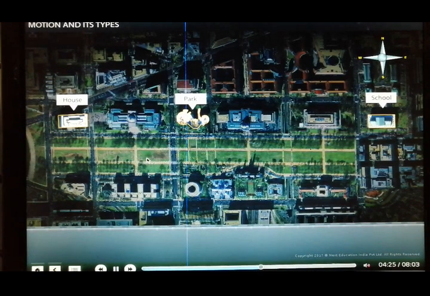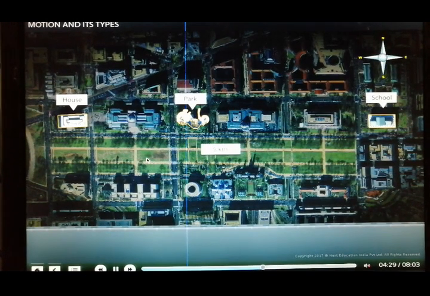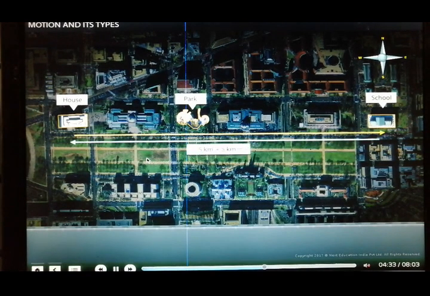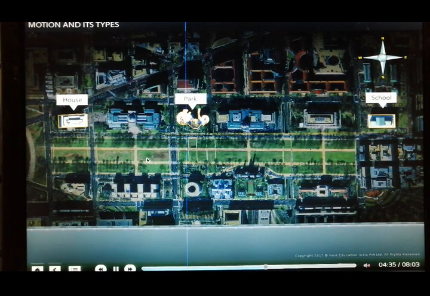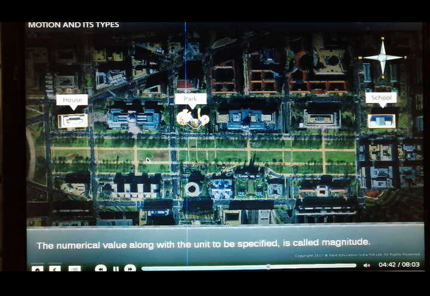In the example we considered, the distance travelled is the sum of 5 kilometers from home to school and 5 kilometers from school to home, which is 10 kilometers. When describing the distance travelled by an object, its direction need not be specified. The numerical value along with the unit to be specified is called magnitude.